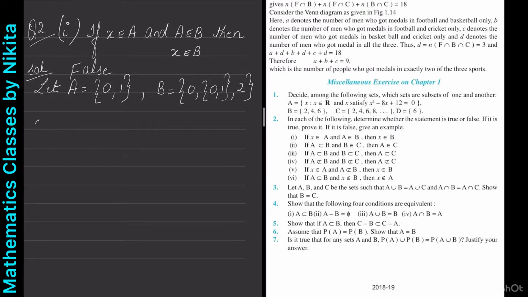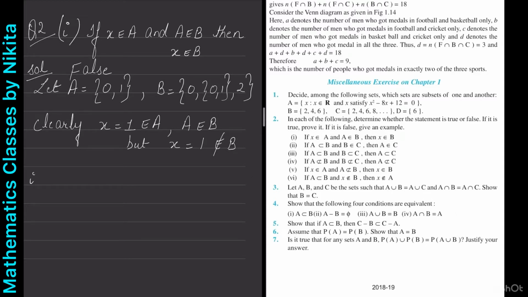Now clearly I can have an element x, say 1, this belongs to A, A belongs to B, but the element x, which is 1, does not belong to B, because 1 as a number does not belong to B. So therefore the statement is false.